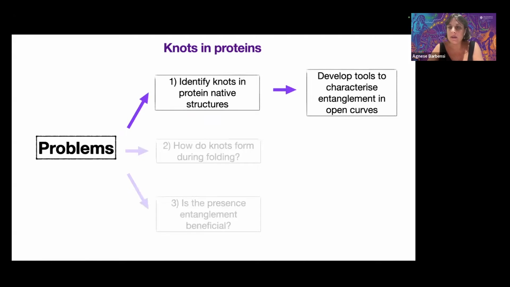All right, so the first issue has to do with developing tools to characterize entanglement in open curves. As you probably know, classical knot theory deals with classifying the topological type of closed curves in space.